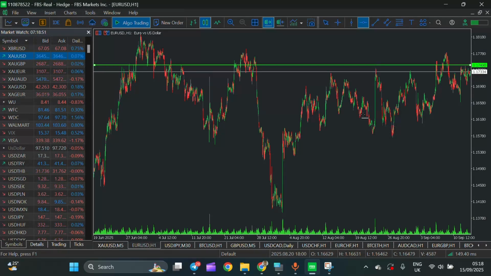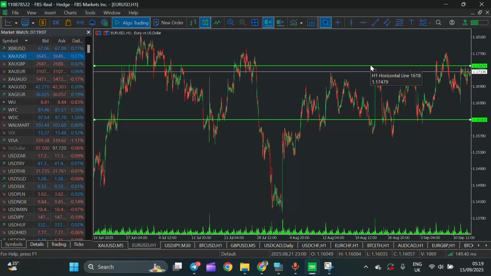Euro USD is the most traded in the FX market, but compared to the metals, like gold, the Euro USD literally fluctuates and consolidates most of the time because it is tied to the European market against the dollar. So that's what it is.